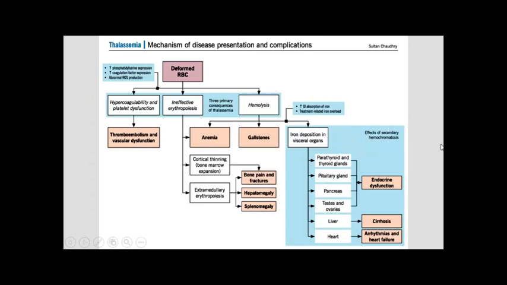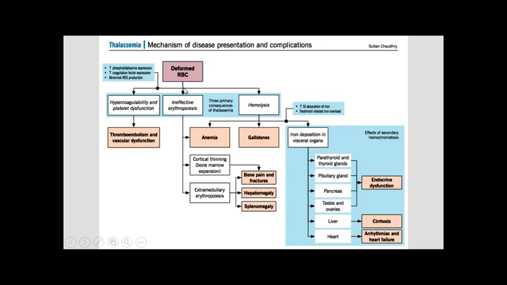But this is the chart or the diagram that shows all of this mechanism with the clinical presentations. We have a situation in which we have hypercoagulability. The red blood cells are deformed because of these problems with the hemoglobin.